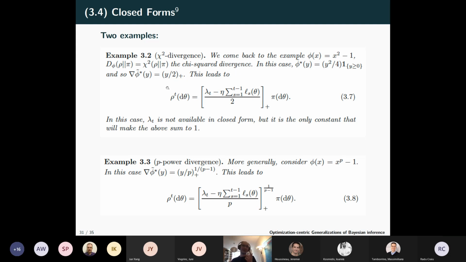At least I don't see how at this point, because you would need to somehow estimate this lambda t, this normalization constant of the posterior, and it's interacting with the entire expression in a fairly complicated way. And you can generalize this for p-power divergences as well. So this is the form this generalized posterior takes if you penalize with a p-power, essentially the chi-p divergence, if you want.